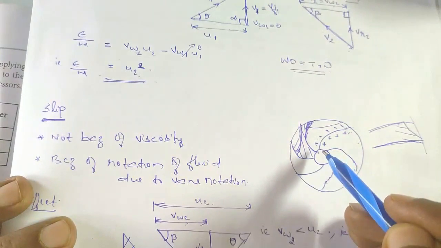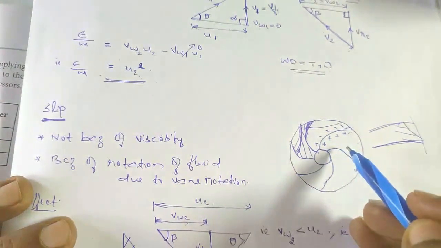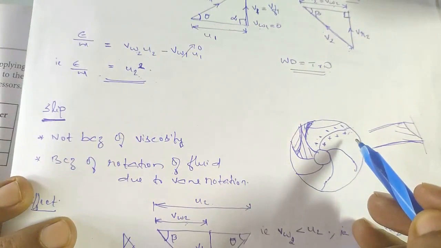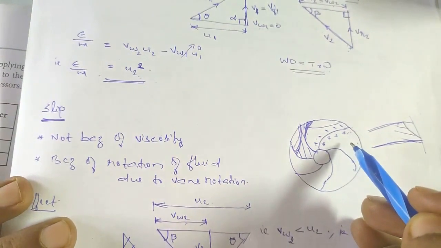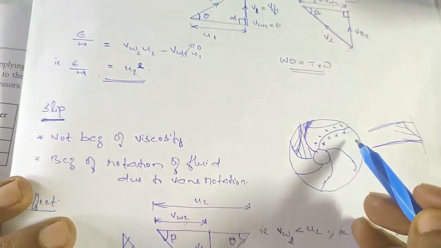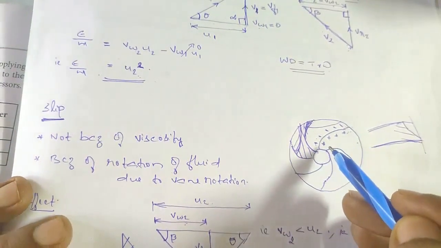This is because of the rotation of the impeller and the air flowing through the impeller passages. It is not because of the viscosity of the air. Even if the fluid has no viscosity, this slip will occur.